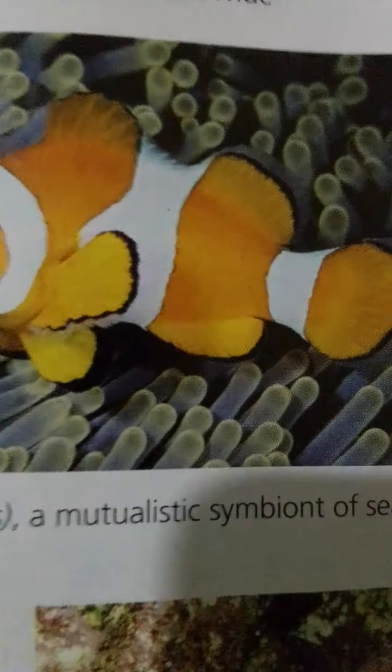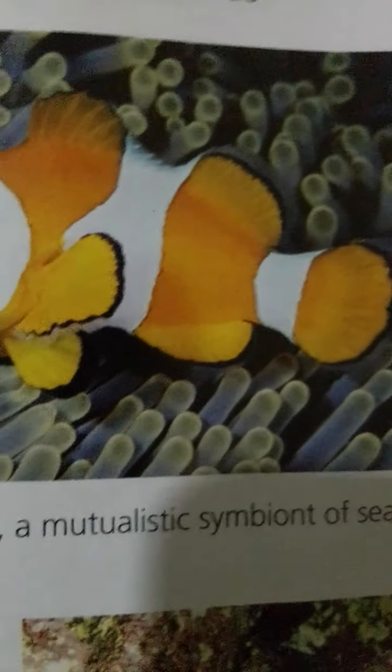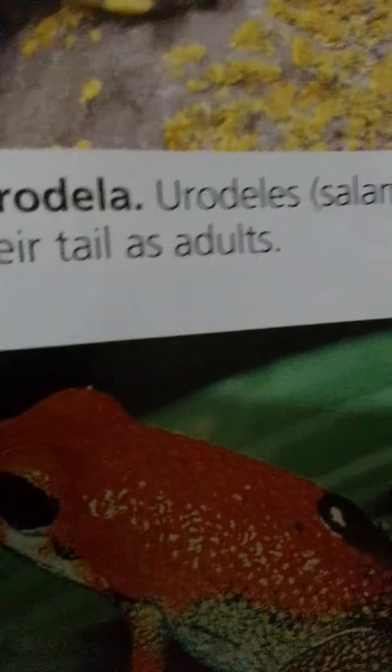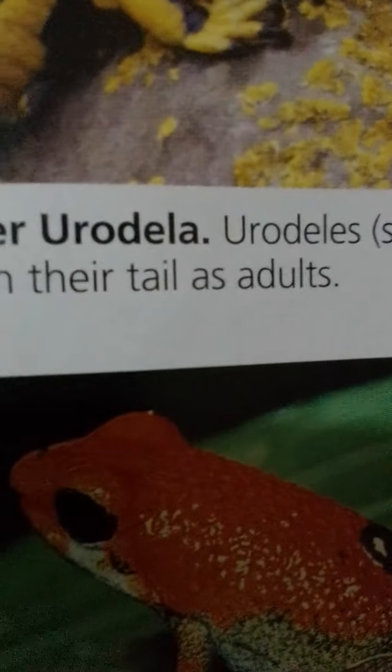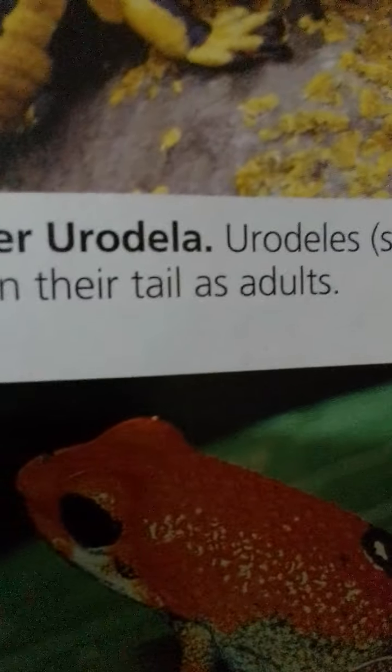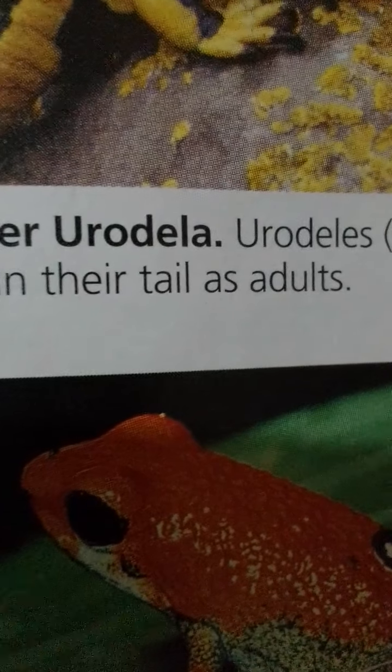The second range of living lobe fins is represented today by three genera of lungfishes, class Dipnoi, all of which are found in the southern hemisphere. Lungfishes evolved in the ocean, but today are found only in freshwater, generally in stagnant ponds and swamps.